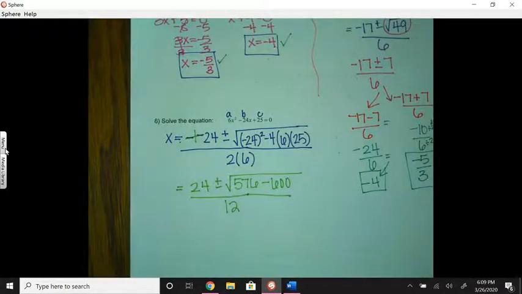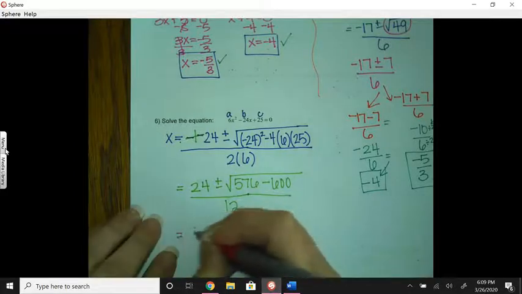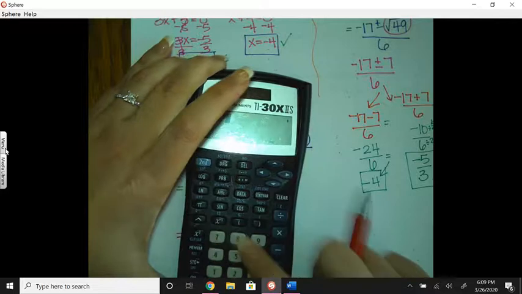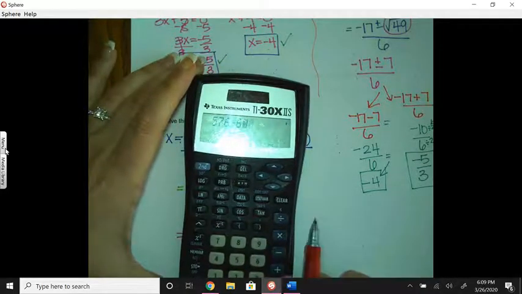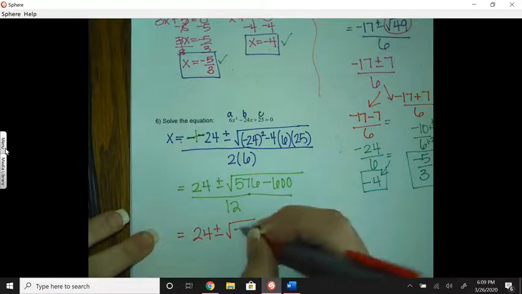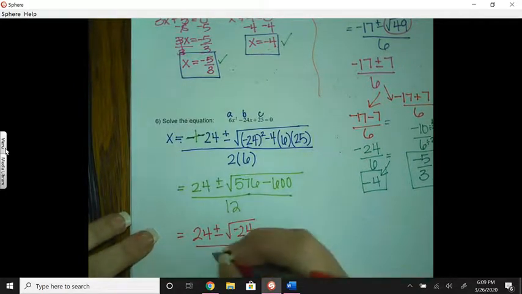All of that divided by 12. And then we'd have 24 plus or minus, so we'd have 576 minus 600. That would be negative 24. All over 12.